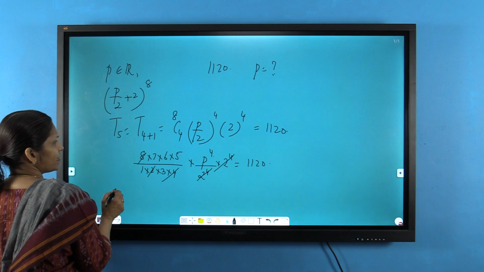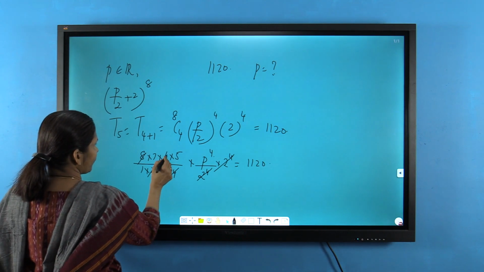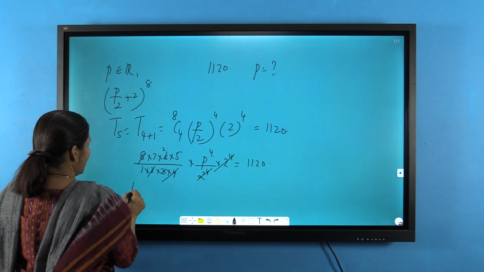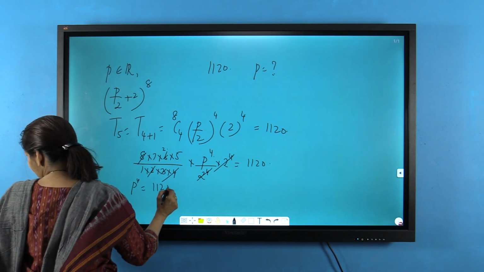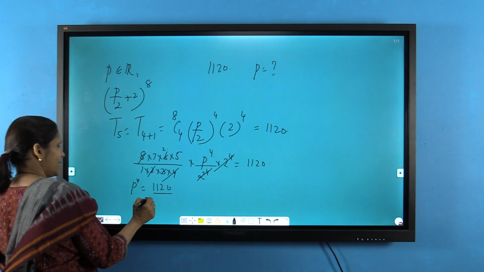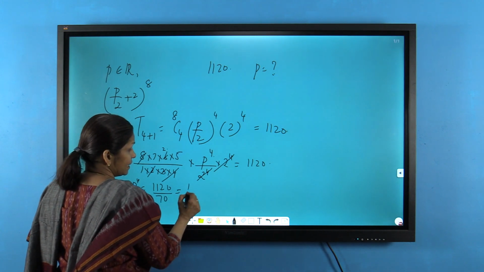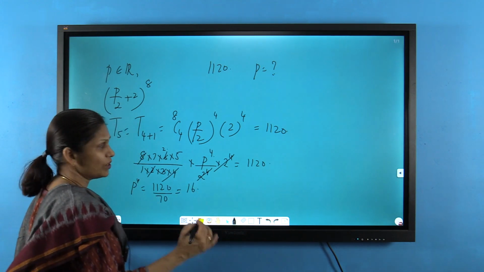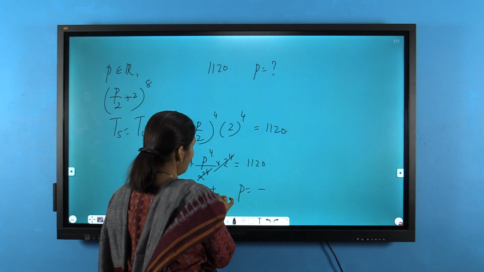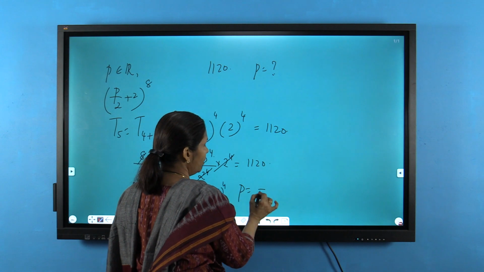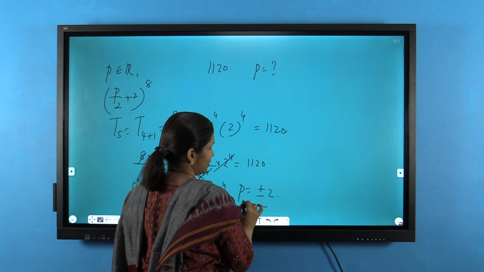So, p raised to 4 is 1120 divided by 70, that is 16. So, what is the value of p? Possible values are, because it is plus or minus 2 the whole raised to 4, p is plus or minus 2.